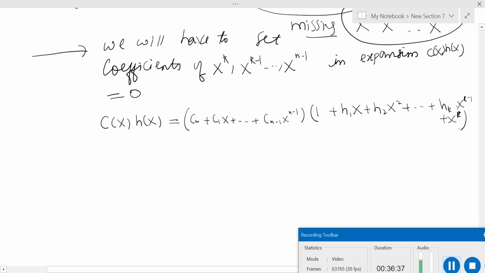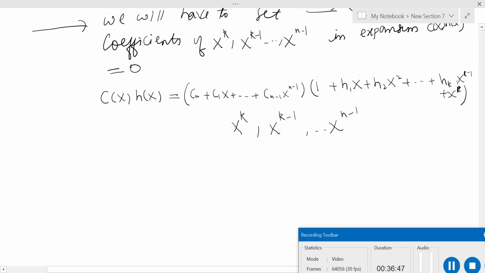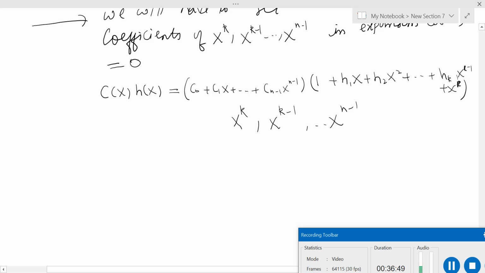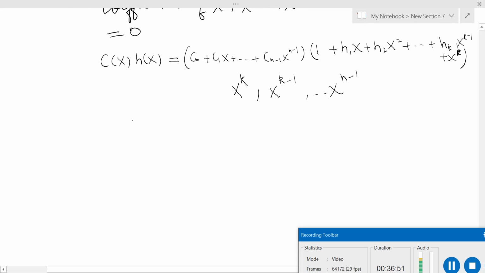You multiply them and find the terms which have degrees x to the power k, x to the power k plus 1, up to x to the power n minus 1, and put that equal to 0. You will obtain this type of equation: the sum over i from j to j plus k of c i h k plus j minus i equals 0.